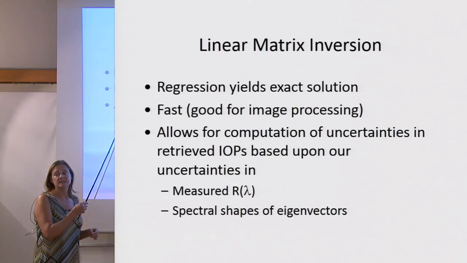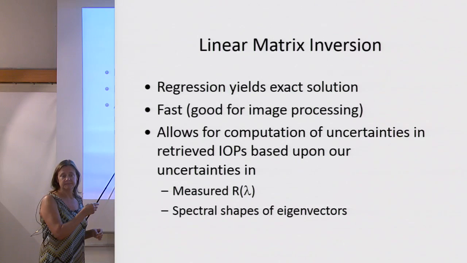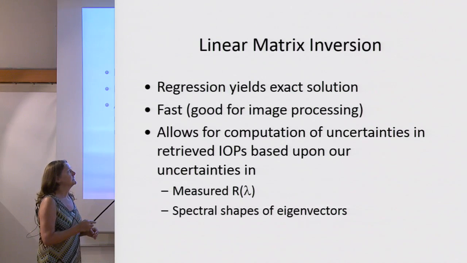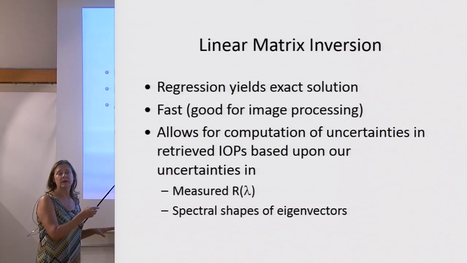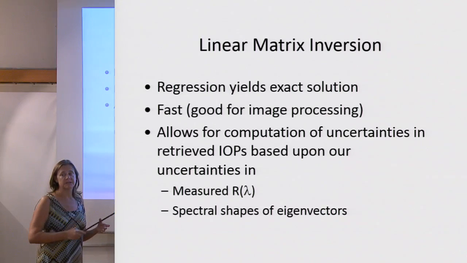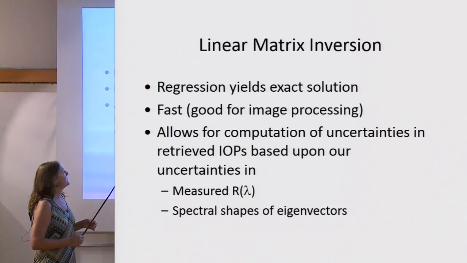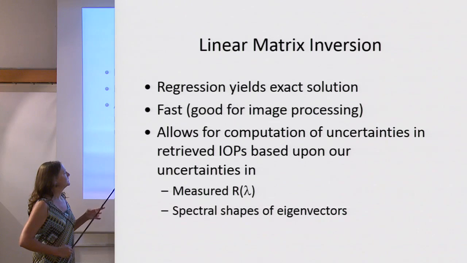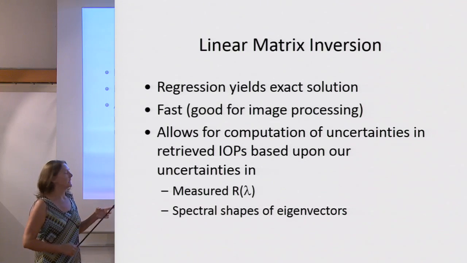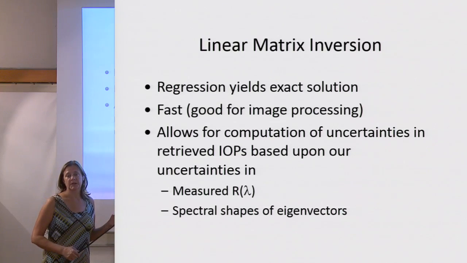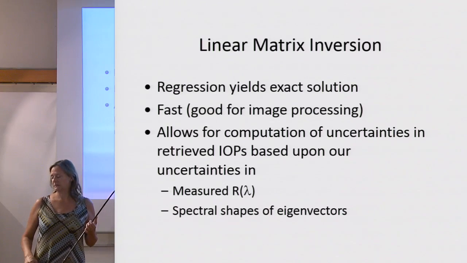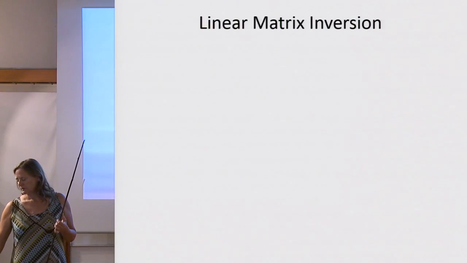And it's fast, which makes it good for image processing. It also allows, and I'll show you an easy way, to compute uncertainties. We can include uncertainties in our measurements, as well as uncertainties in the spectral shapes, which are the things that I think we're concerned about.